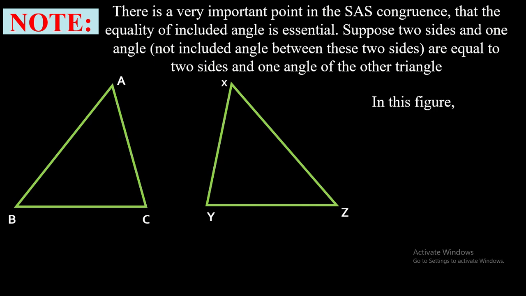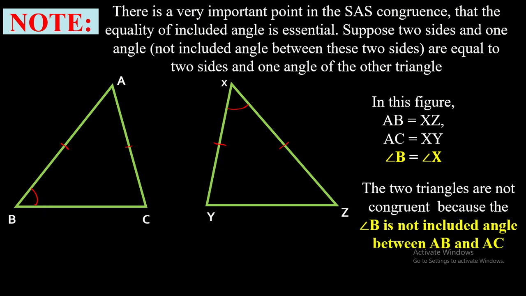For example, in this figure, we have two triangles ABC and XYZ, and if we have AB equal to XZ, then AC equal to XY, and the angle given is angle B equal to angle X. In the triangle XYZ, the angle is the included angle, but in the triangle ABC, the angle is not the included one.